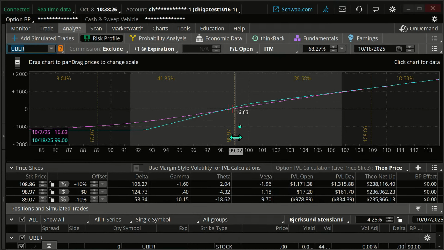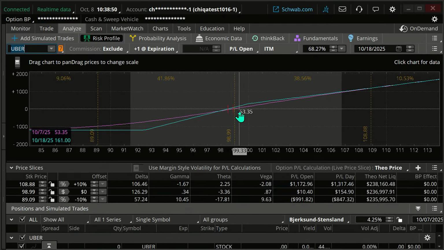What do I want the stock to do? It's bullish. I want the stock to go up. So you get a sense of theta on this. Well, the bigger the separation between the purple line and the blue line, the more the theta is. It's not probably a massive factor here right now, okay?